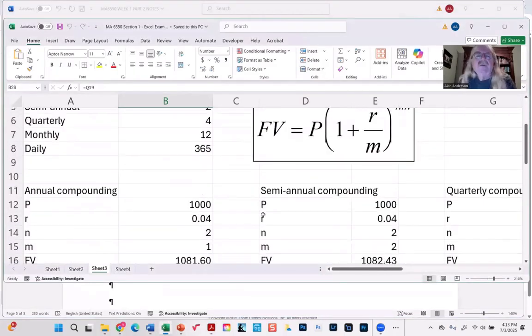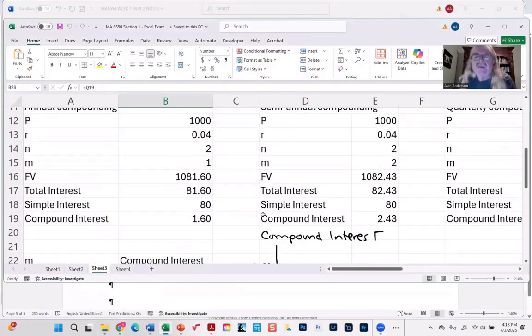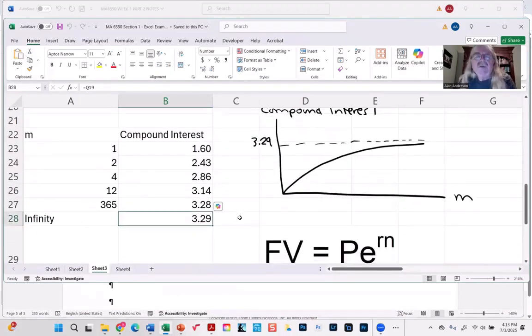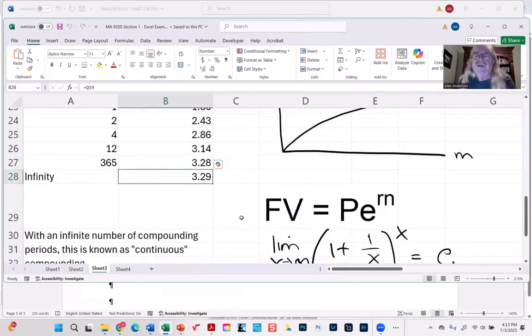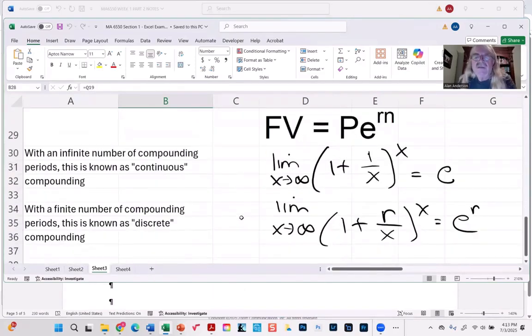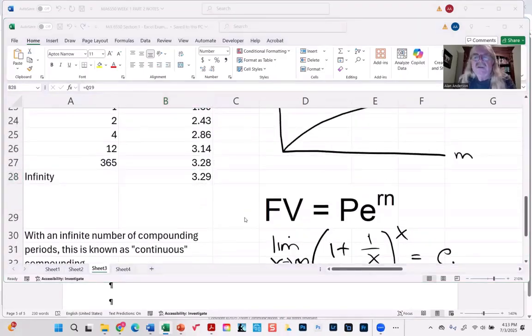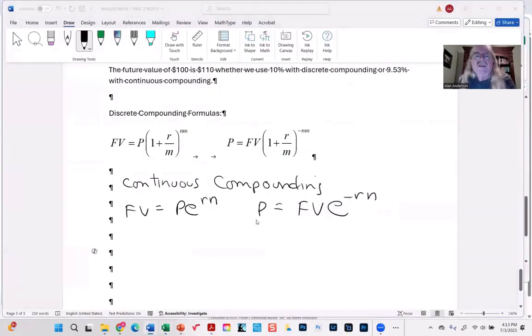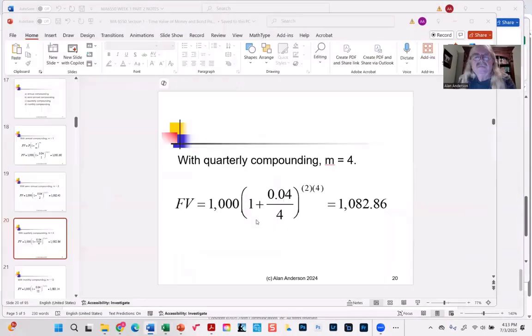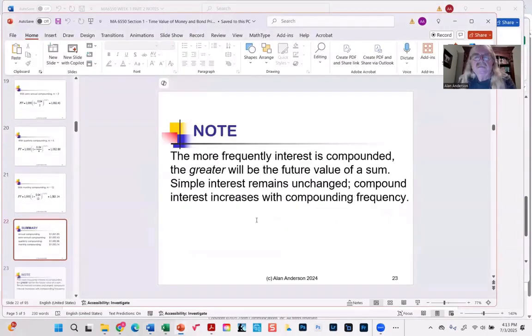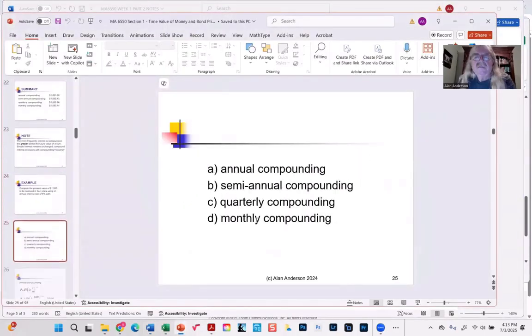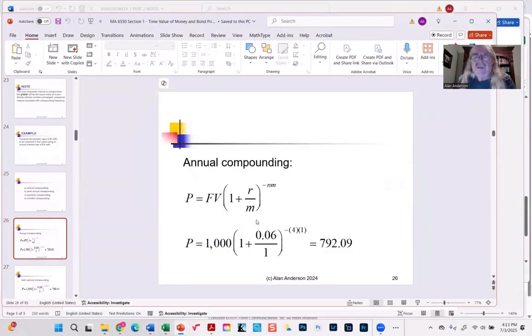Here we have separate tables for every possible type of compounding frequency, and we built them together into this little chart. And then at the end, we introduce the concept of continuous compounding. Okay, so that takes care of that. And then here's an example of continuous compounding.